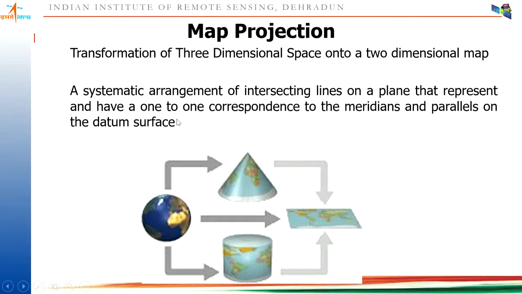Meridians are the longitudes, parallels are the latitudes, with a one-to-one mapping from three dimensions to two dimensions. This we can do using a cone or a cylinder, or directly also we can use the two-dimensional map. Some examples we will discuss.